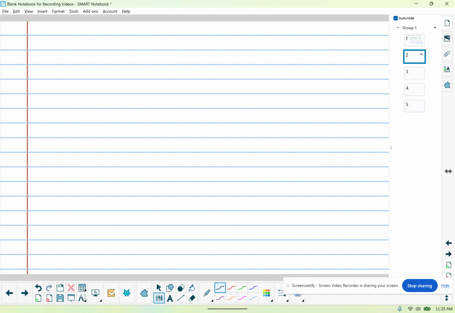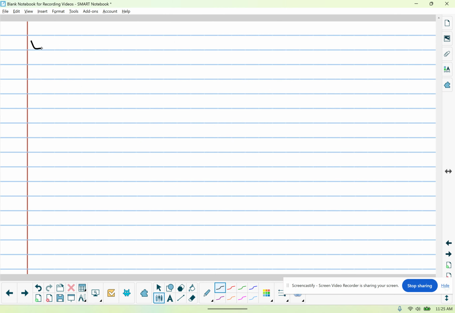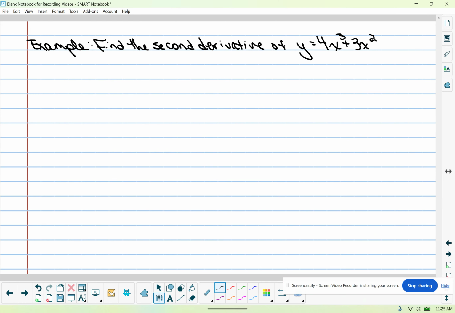All right, so here is example number 1. Find the second derivative of y equals 4x cubed plus 3x squared plus 2.